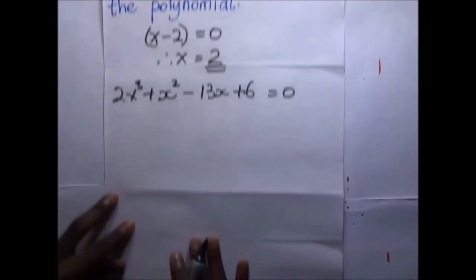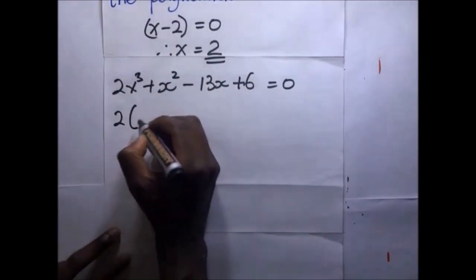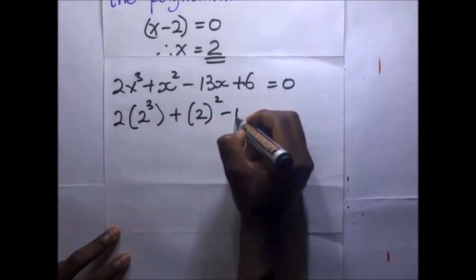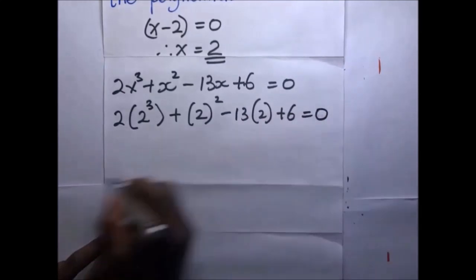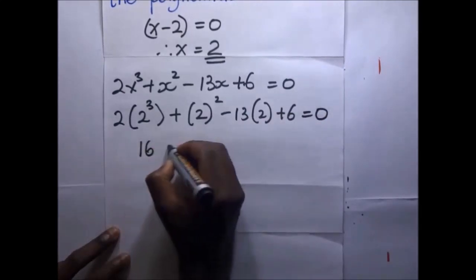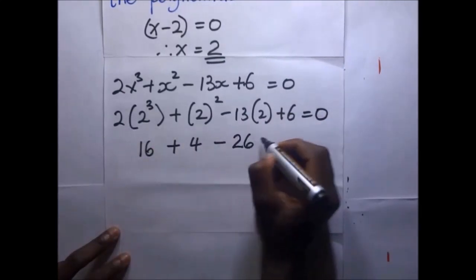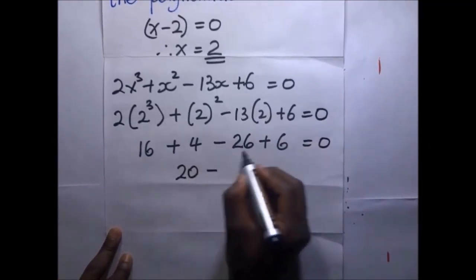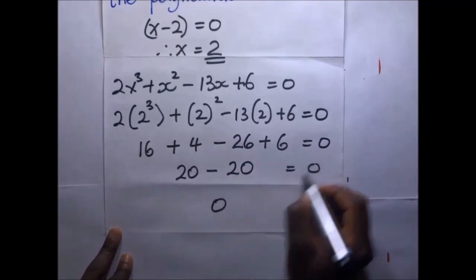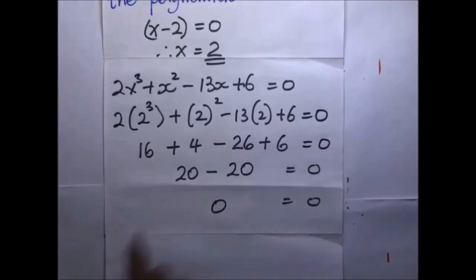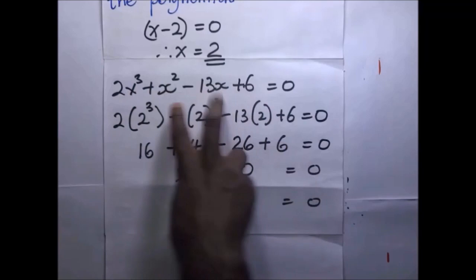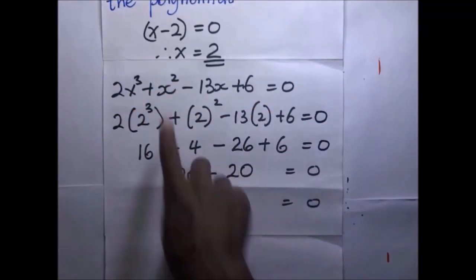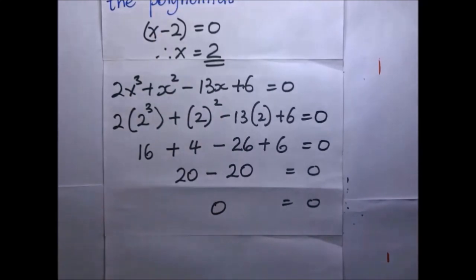We substitute, so it becomes 2 into 2 cubed. When we substitute the value of 2 in this polynomial, we end up with 0. So indeed, x minus 2 is a factor.